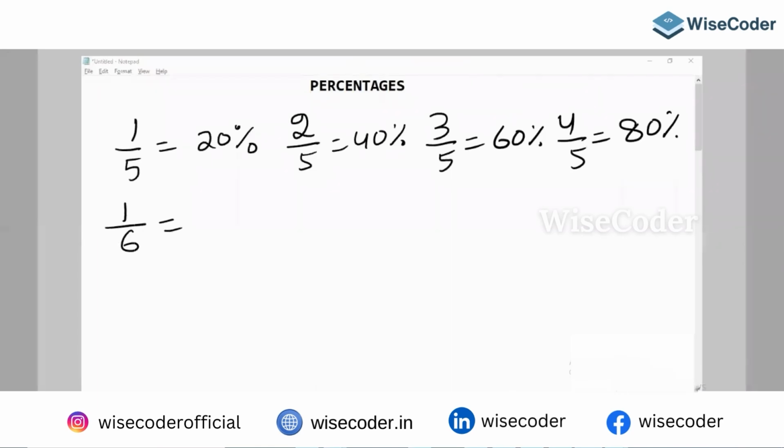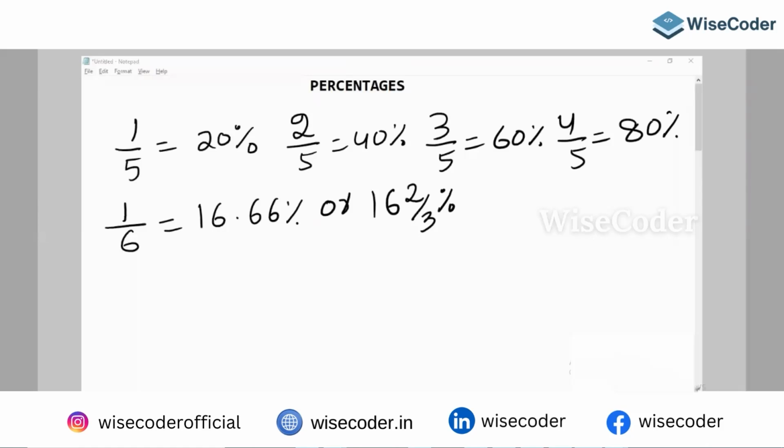Okay, next. 1 by 6. Just now we saw 1 by 6 is 16.66%, or 16 2 by 3%. Next, 2 by 6. 2 by 6 is nothing but 1 by 3. Already we know. 3 by 6 is nothing but 1 by 2.